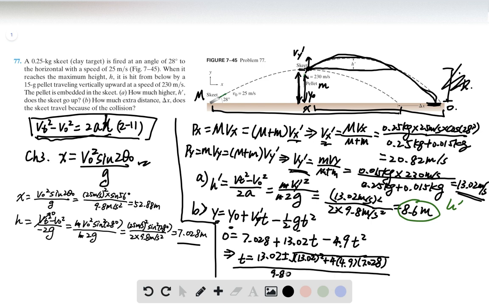So that is either 3.117 seconds or negative 0.460 seconds. And of course, it cannot be negative. So it is 3.117 seconds is how much it travels.